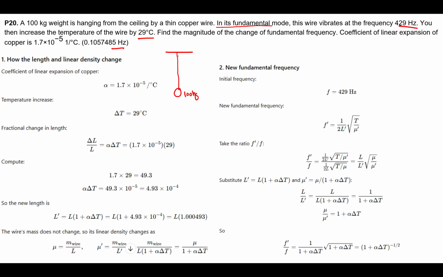So this will give you a certain tension, T, for the given mass of copper wire. Then we have the linear mass density, and then we know what the velocity is.